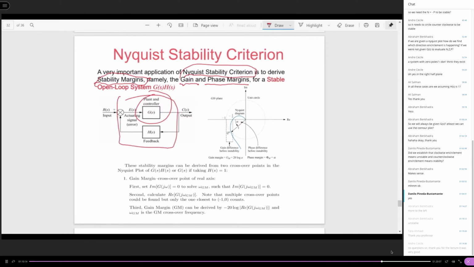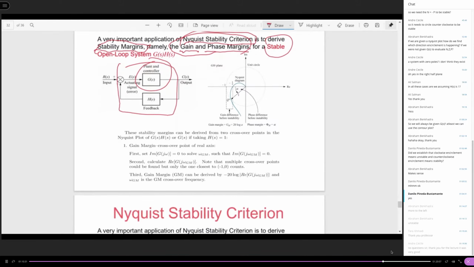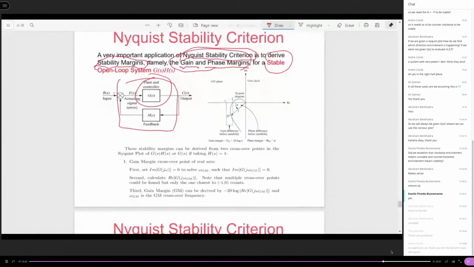So in this sense, we only talk about the stability margin issue for a stable open loop system. So we are in agreement. The following statements are all built on the assumption that the open loop system is stable.